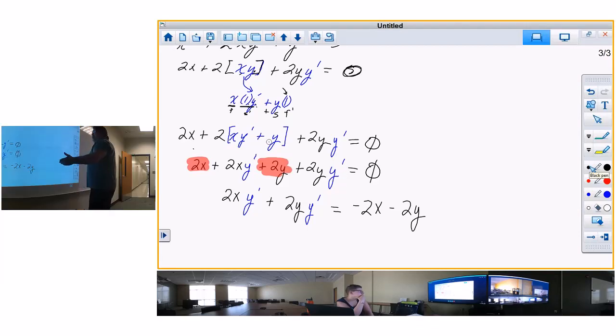Now, in pre-algebra, when you have two variables in two terms with a common variable, what can you do to get a single variable?